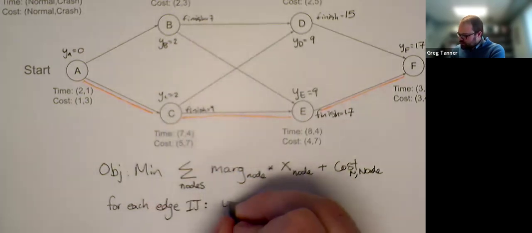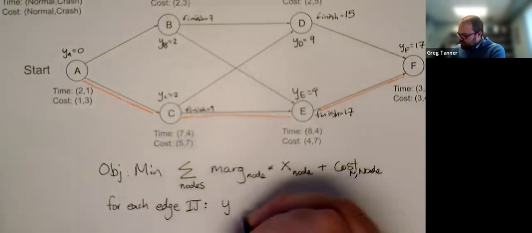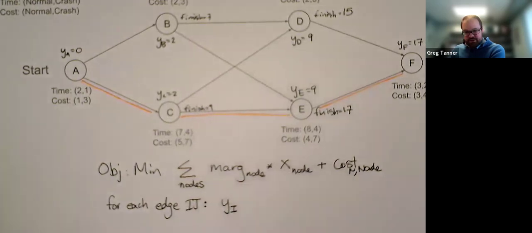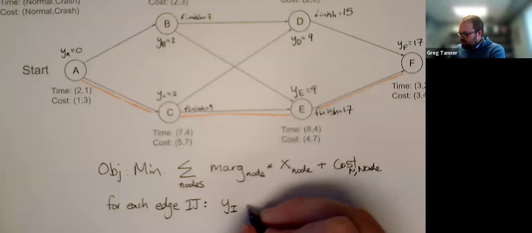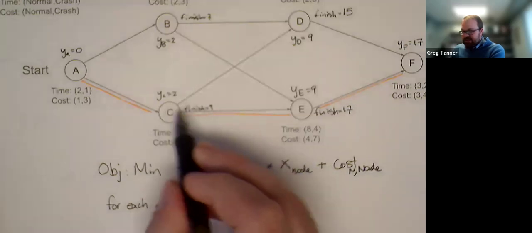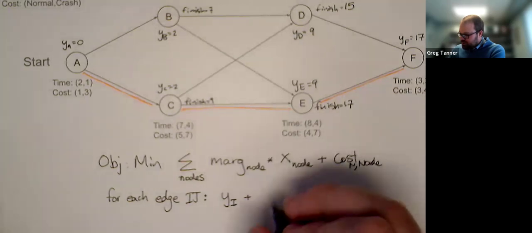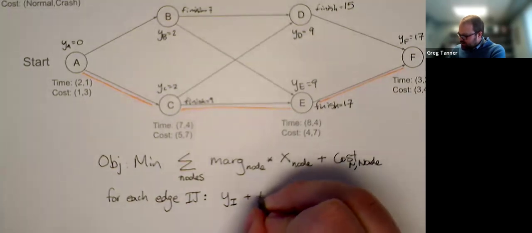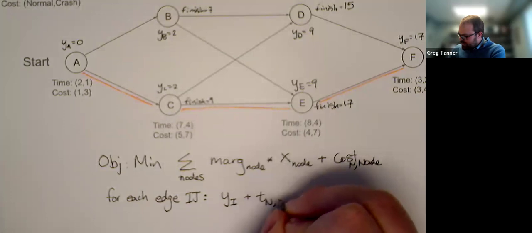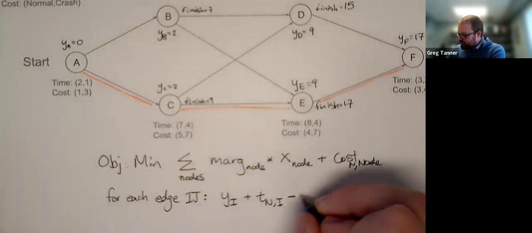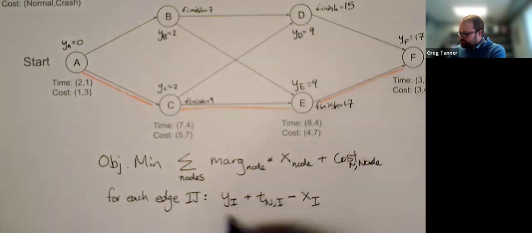And so the start time for the predecessor activity plus the time that it takes to finish that activity, which is time normal for that activity minus the amount of time that we crash off that activity, xi.